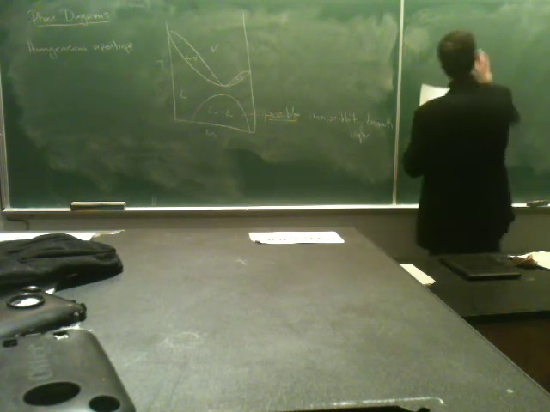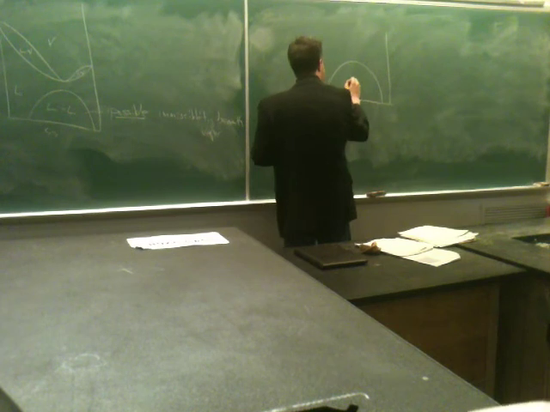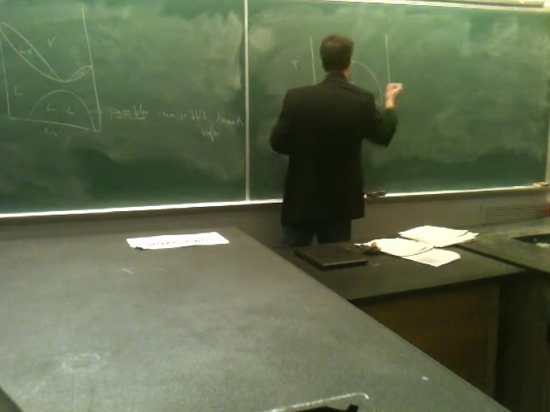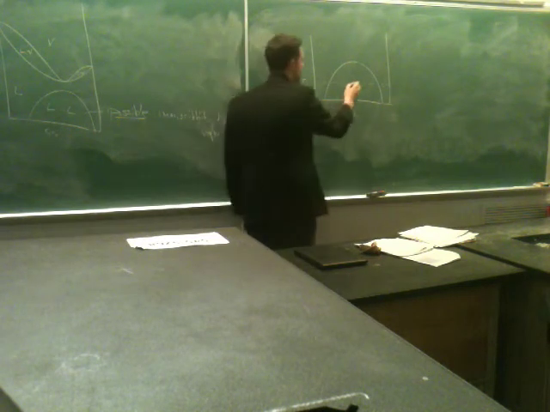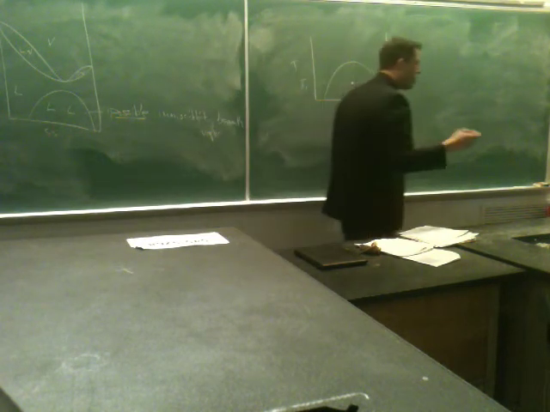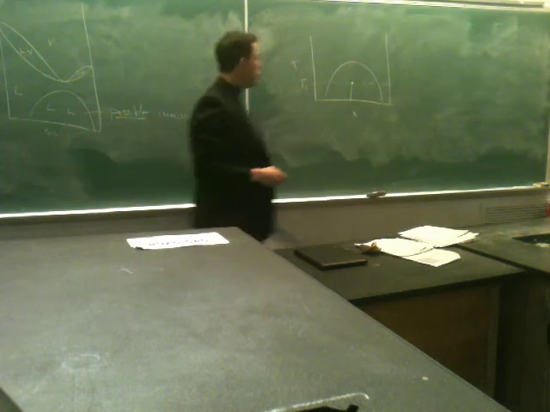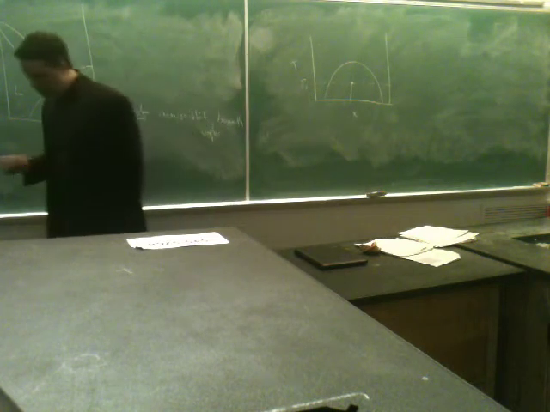Okay, so let's just talk about the bottom region here. This is X. If I have a material at T1 here, and the overall system has this composition, let's say it's 50-50, of two components.